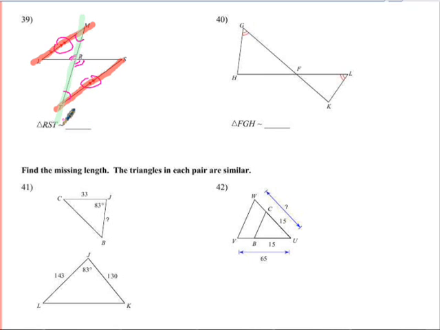So triangle RST is similar to triangle RLN by angle, angle. Okay. Here, that's congruent to that. So again, FGH is similar to triangle FLK by angle, angle, and yes, they are.